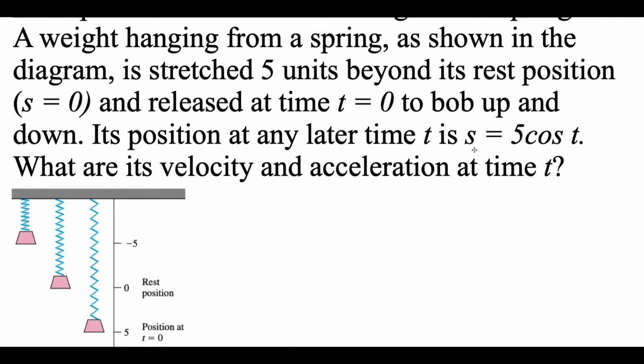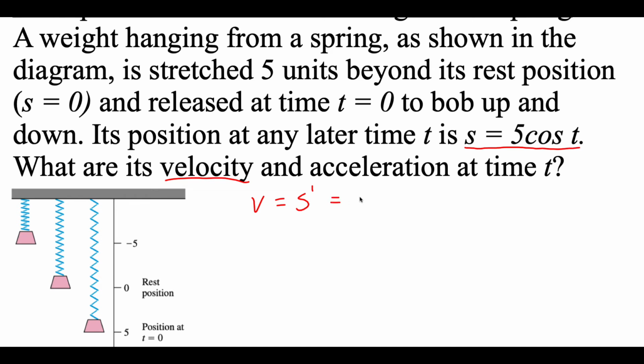What we want to do is use this position function to help us determine its velocity and acceleration at any time t. If we're talking about velocity first, velocity, I'm going to call this v, is the first derivative of that position function. So we're differentiating S equals 5 cosine of t to give us our velocity function.